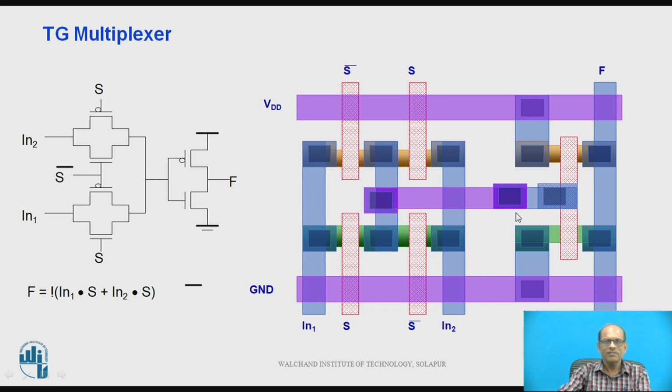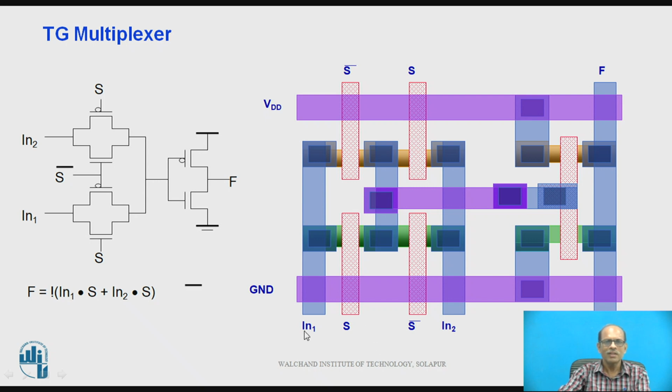And on the right-hand side you can see the layout of this 2-to-1 mux. Here you can see this is a P diffusion, so here are 2 PMOS, here is N diffusion, this is polysilicon, so here there are 2 NMOS, and here one transmission gate, this is another transmission gate.